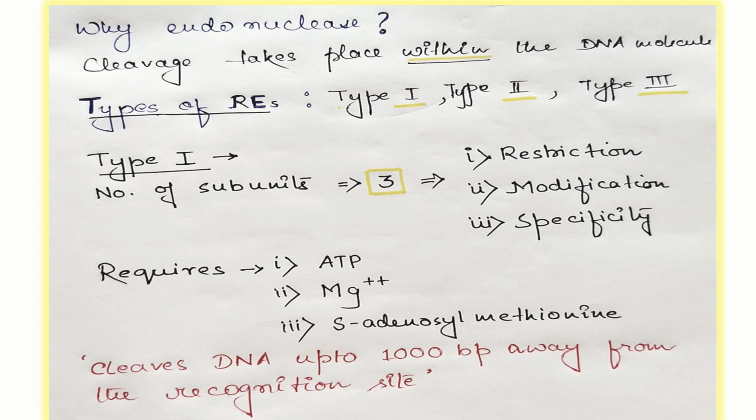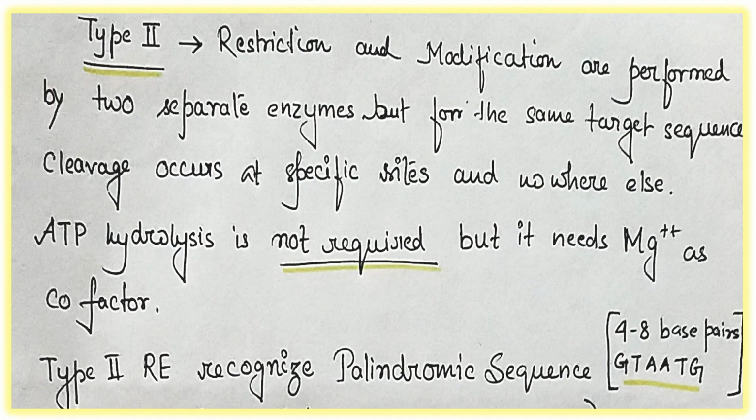Now we will move on to the second type. We'll come to the type 2 restriction endonuclease. In type 2 restriction endonuclease, restriction and modification are performed by two separate enzymes but for the same target sequence.